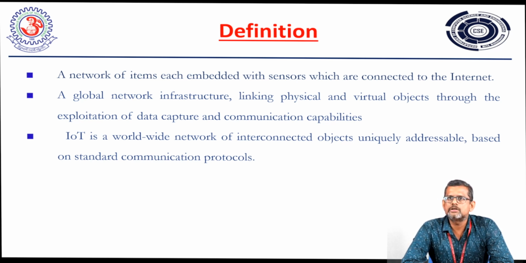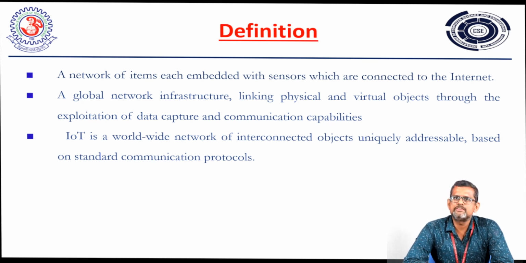It can be a video cam or whatever object we can control over the internet. That comes the phrase exploitation of data capture and communication capabilities. They can communicate with devices anywhere across the globe. I can monitor, I can check, I can track the particular object. They can communicate across anywhere in the world.